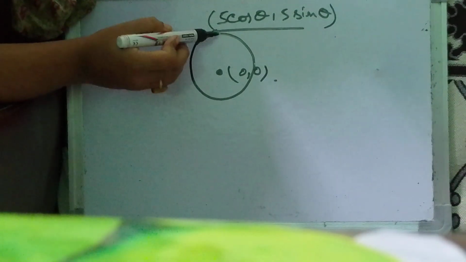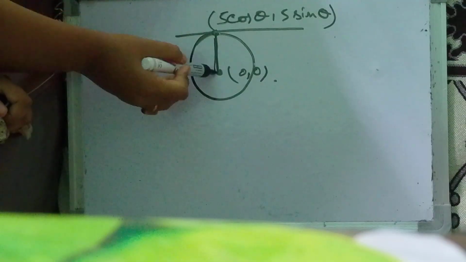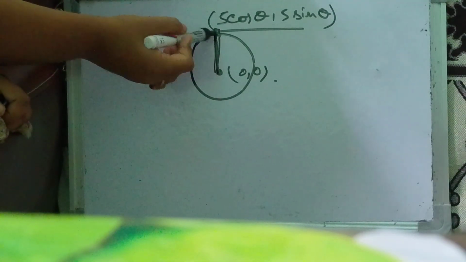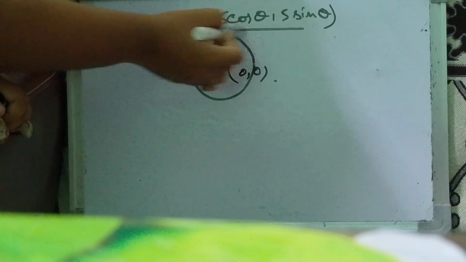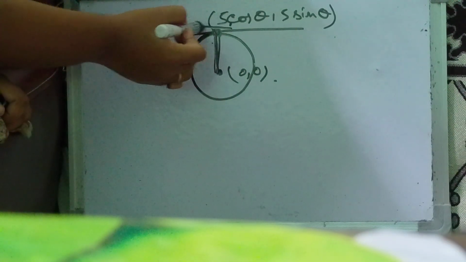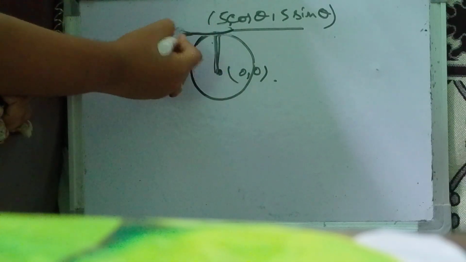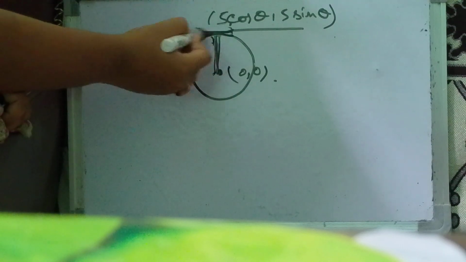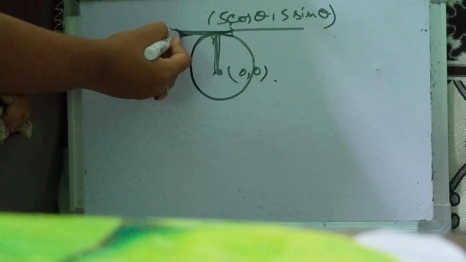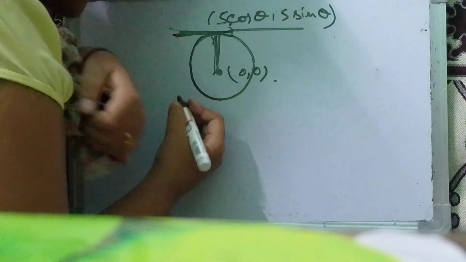So we need to find this line first. What will be the slope of this line? If we find the slope of this line, the perpendicular to this line will be the tangent. So we can easily find that. Firstly find the slope of this line.